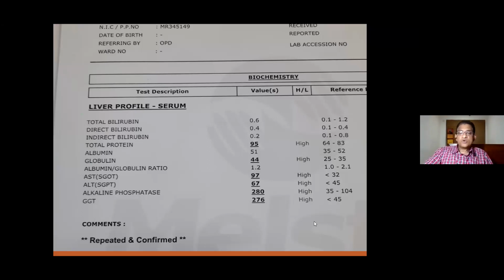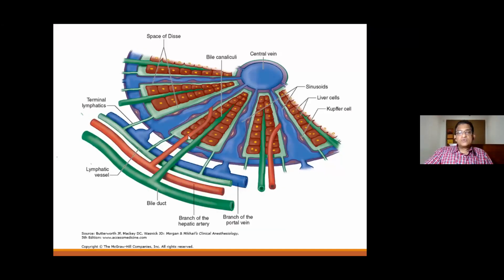So here the striking abnormalities are raised alkaline phosphatase, raised gamma GT, reversal of the AST/ALT ratio, and raised globulin. Right. To increase the gamma GT and alkaline phosphatase, you need some kind of insult in this area: bile duct, small bile duct, biliary canaliculi, and canalicular membrane of hepatocyte.